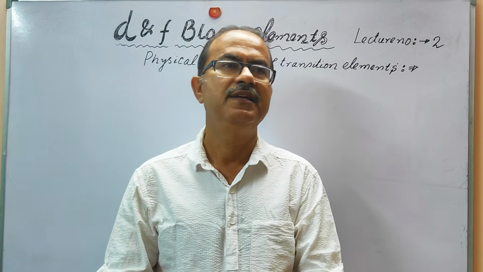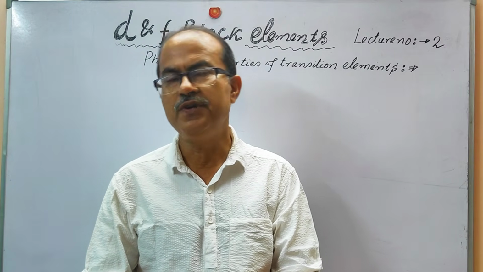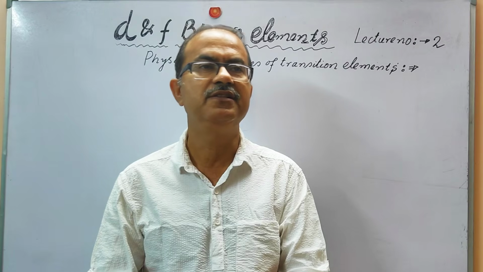But here there is a similarity we observe in the row itself, and in the group also there is some similarity, which we are going to discuss in this lecture.